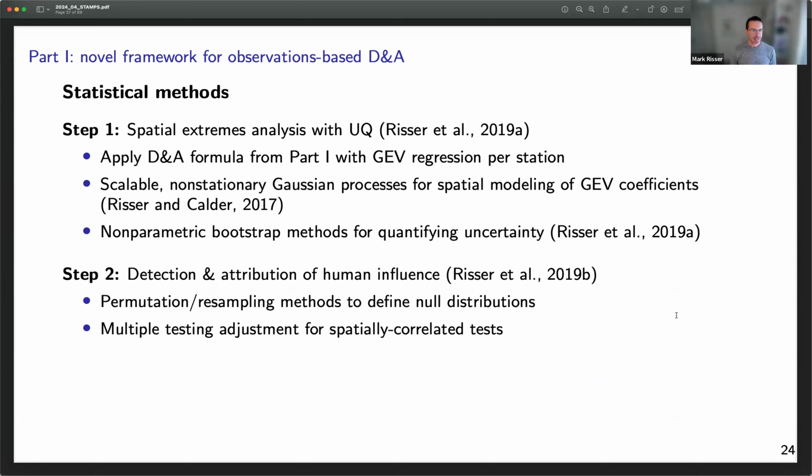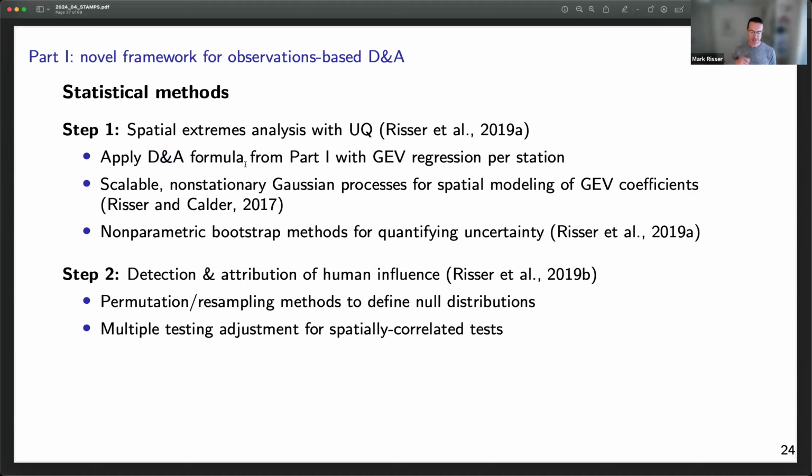Okay, just one or two slides here on the methods. Again, I'd be more than happy to chat about this later or offline. The two methodological pieces that we have here are a spatial extremes analysis, and then a hypothesis testing, significance testing exercise for the attribution piece. I didn't say too much about it other than the forced piece, but we derived a specific DNA formula, with different parts of it as described.